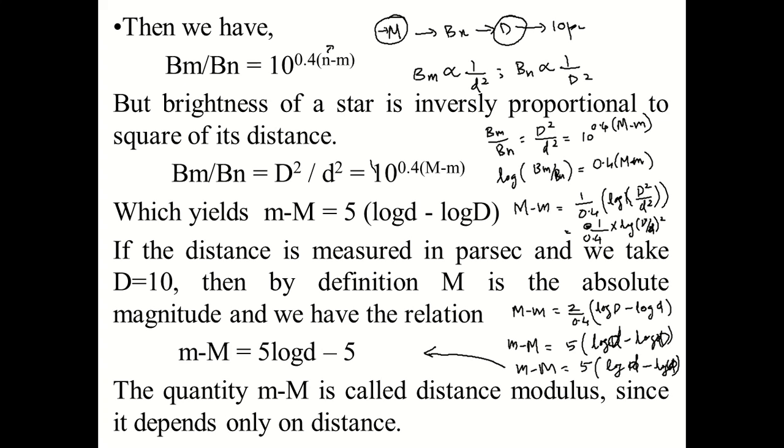Log 10 is 1, so we will get an equation like this: m minus M is equal to 5 log d minus 5.